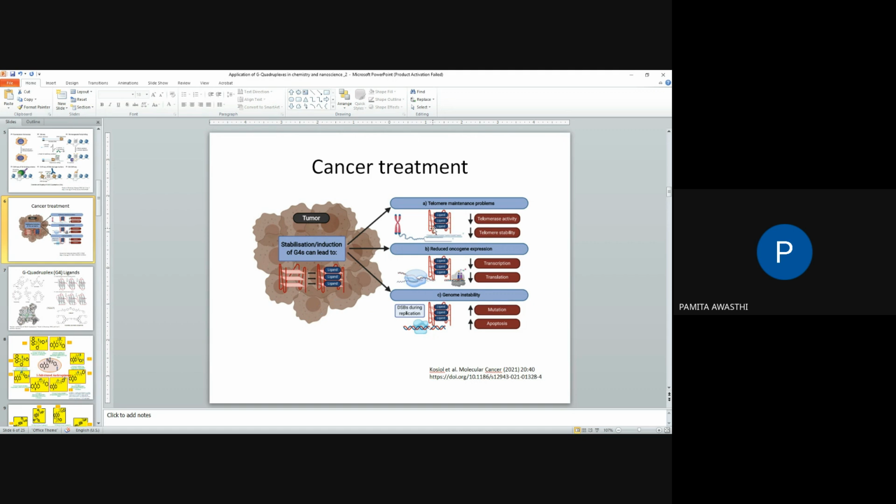That can be done by controlling telomerase activity or going for telomere stability, or by reducing oncogene expression, controlling the transcription or translation, or by controlling genome instability to counter mutation, or promote the apoptosis process at the cellular level.